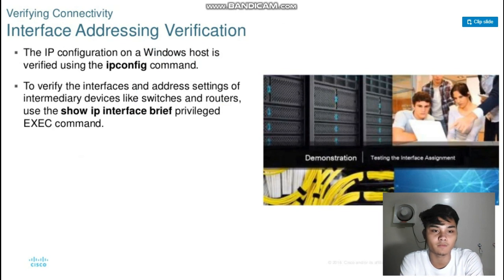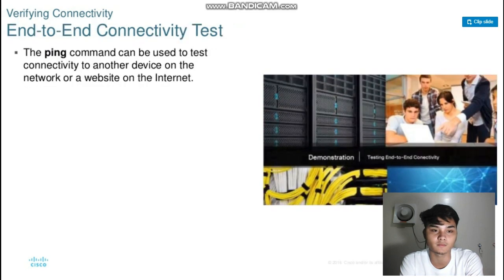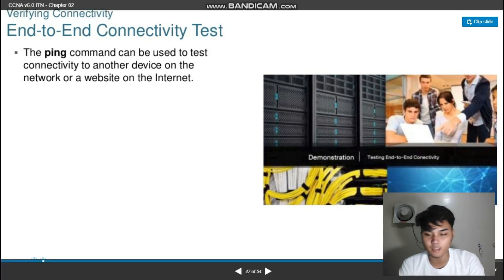The ipconfig command: on hosts, verify using ipconfig to check the interface and address settings. For intermediary devices like switches and routers, use the show ip interface brief command in exec mode. The ping command can be used to test connectivity to a device, network, or website. For example, we have one switch and two desktop PCs.